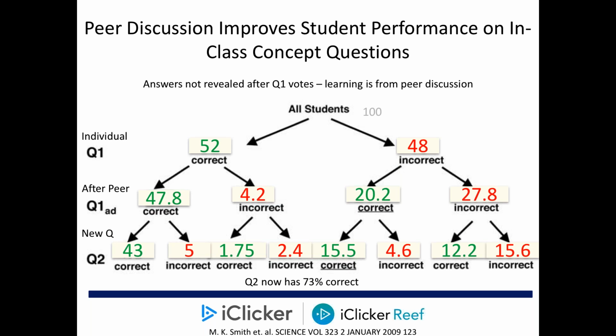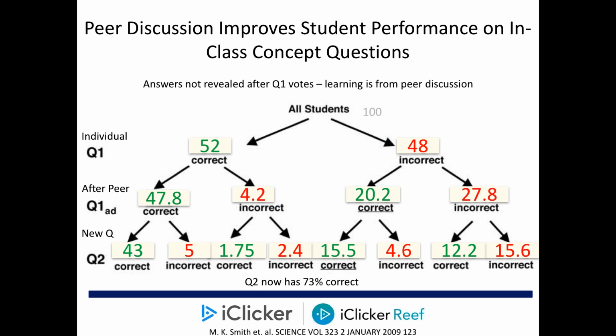Right after that, they had the students talk to each other, and from there it went from 52% to about 67%, and then they asked a totally new question that 73% of the students got correct. So without providing additional material to the students, we were able to increase that percentage just by having them talk to each other.